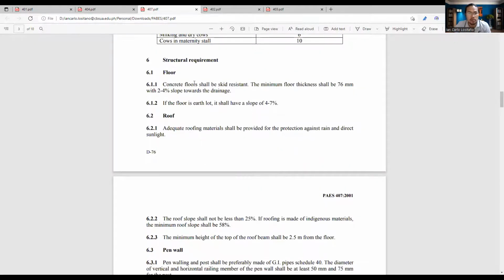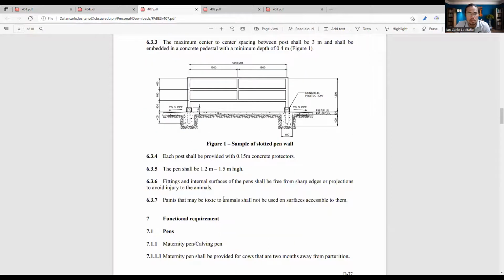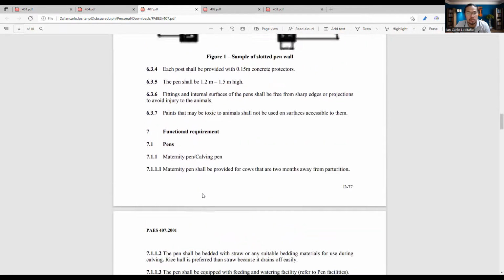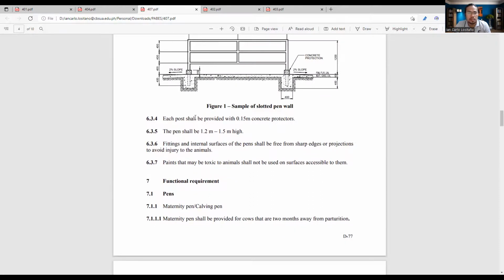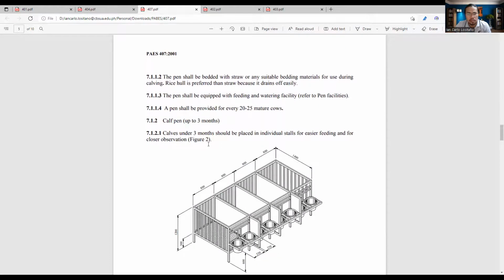For structural requirements, somehow similar. You still have the floor, the roof, the pen wall. And the functional requirements that would be meeting also the mandatory requirements are to be looked up as well.